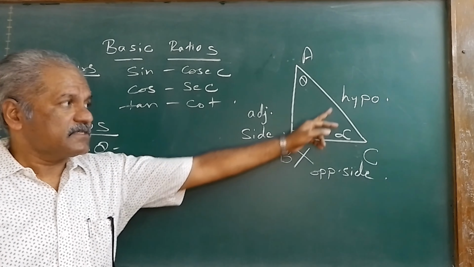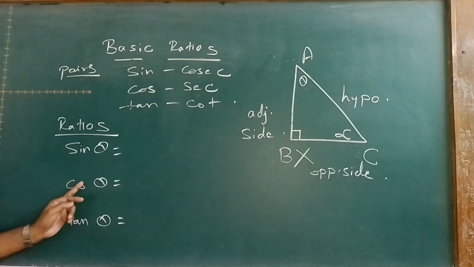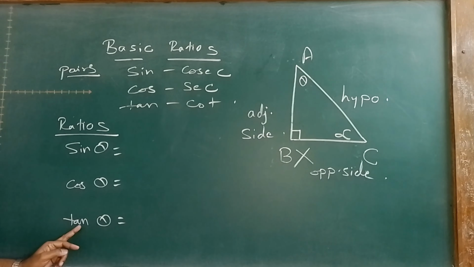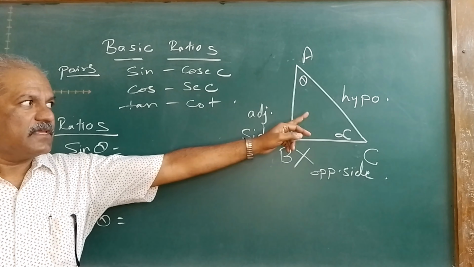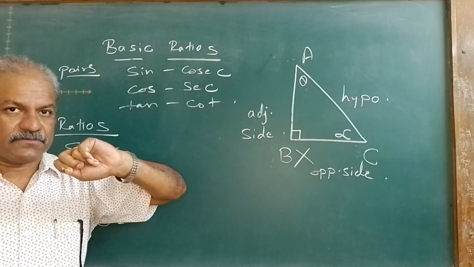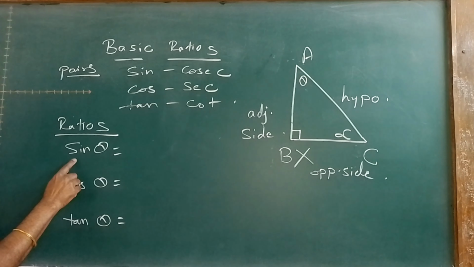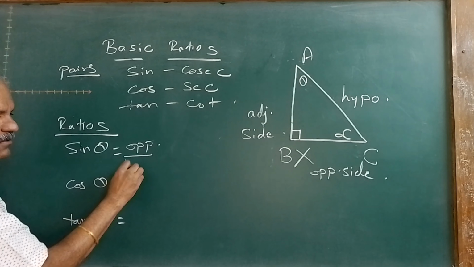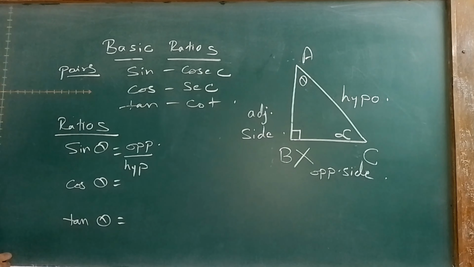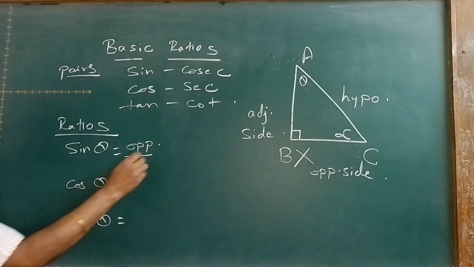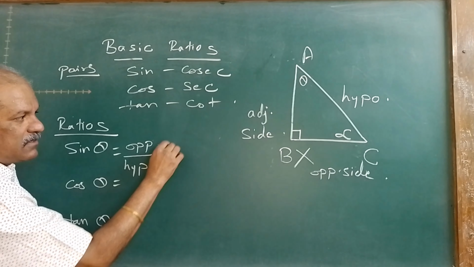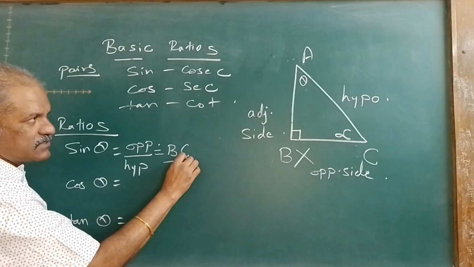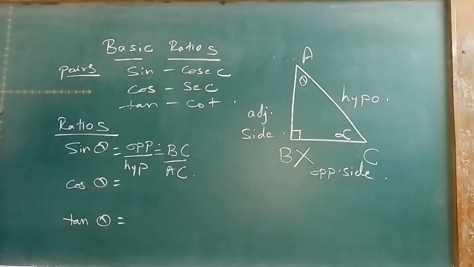We have three sides, we have three ratios. So remember, out of this every side will come two times. How? Sin theta is always opposite upon hypotenuse. So for theta, which is the opposite side? BC, and which is the hypotenuse? AC.